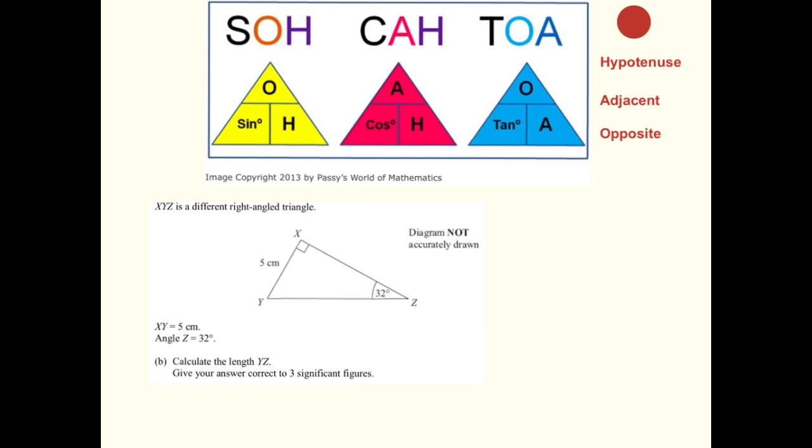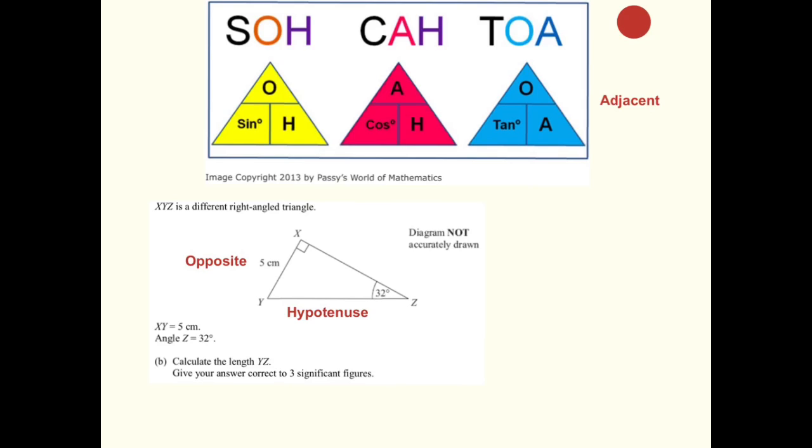So what have I got? What do I need? Well, this 5 is opposite that angle, so that must be the opposite. This long length down here is opposite the right angle, so it must be the hypotenuse. So I've got opposite over here, hypotenuse down there.